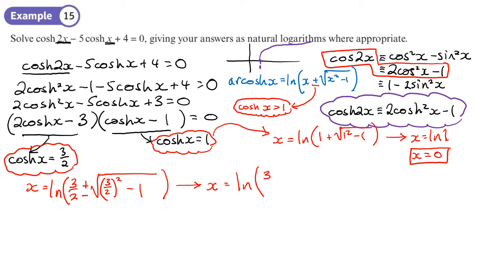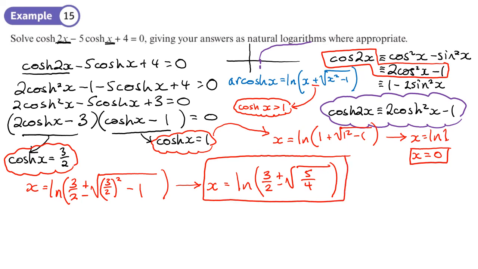So we'll have 3 over 2 plus or minus the square root of 5 over 4, which we could write as root 5 over 2. So here's our second solution. It is possible, if you're not careful, to miss out that second solution. So just remember, if your value of cosh x is greater than 1, then that is not an issue.